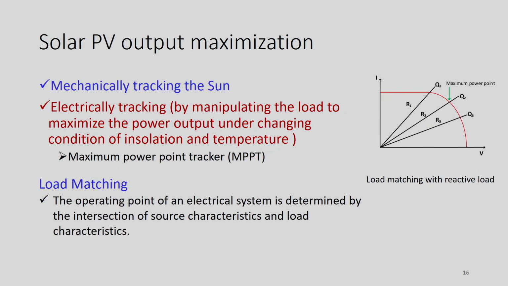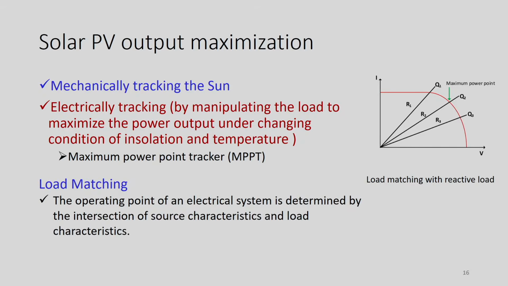Now, let us learn about how we can maximize the PV output. What are the different ways of maximizing the PV output? Primarily there are two ways. One is mechanically tracking the sun. Okay. We can track the position of the sun by operating the PV system, so that maximum exposure of solar radiation can be obtained.